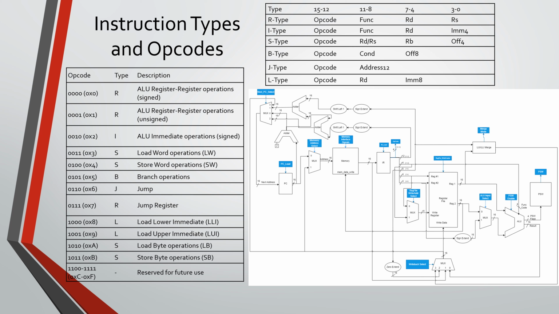For branching, if it's true, the sequencer will actually select between writing back the increment for the program counter or the increment with the offset of the branch instruction. Jumping, it's the offset. And we can also jump off a register, which will select a value from a register and just write it right back into the program counter for whatever value is stored there.